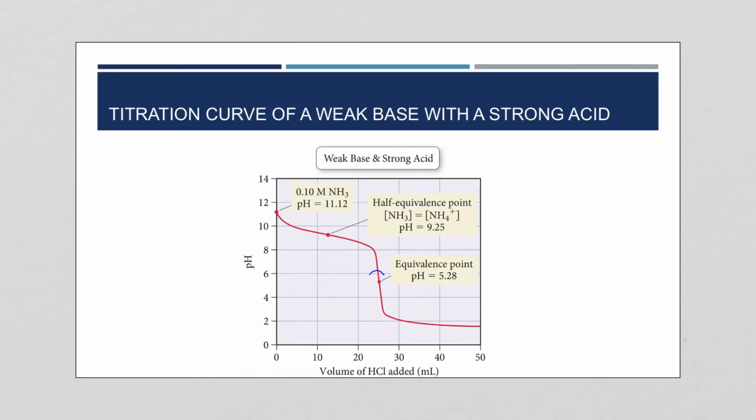Now, in this case, the equivalence point would be acidic because the pH is going to be controlled by the conjugate acid of our weak base, that species, our HB+. And it's going to be governed by the excess acid at the end of the titration.